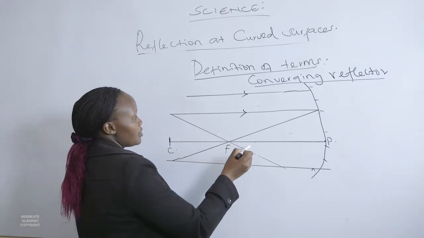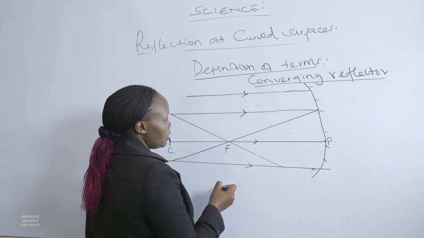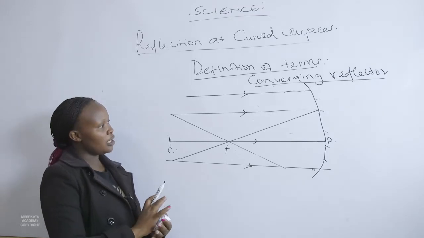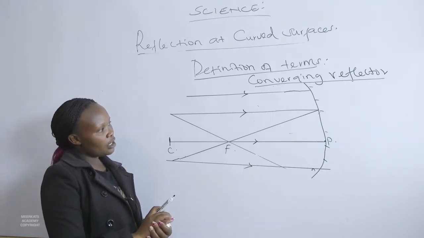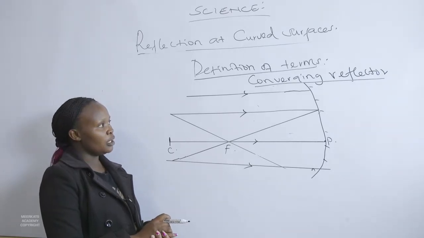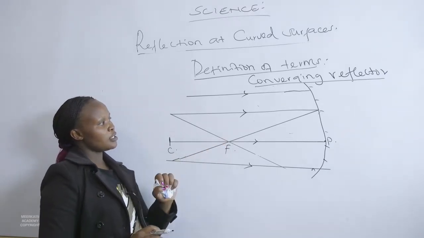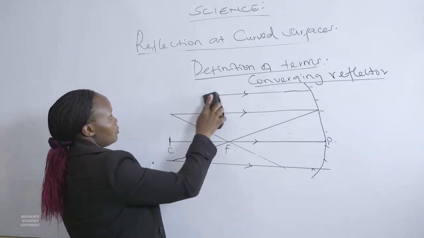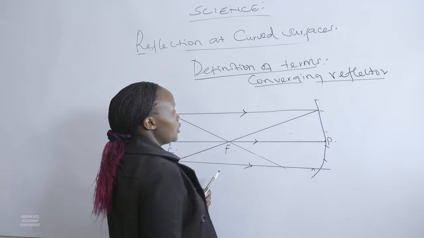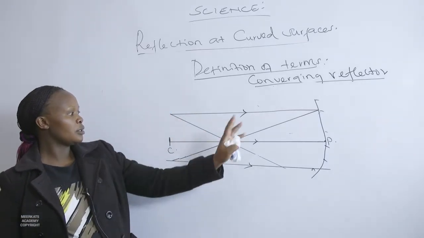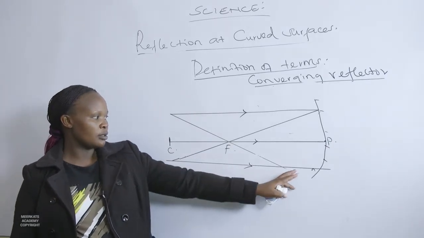Let us look at some rays which are parallel and incident on our converging reflector. Now, these rays, as we looked at, are going to be reflected in such a way that they are going to converge at some point. Let us consider these two. We have this one and the second one.